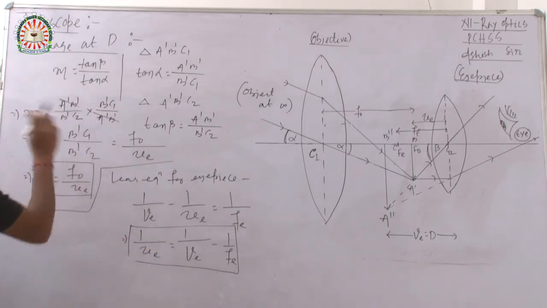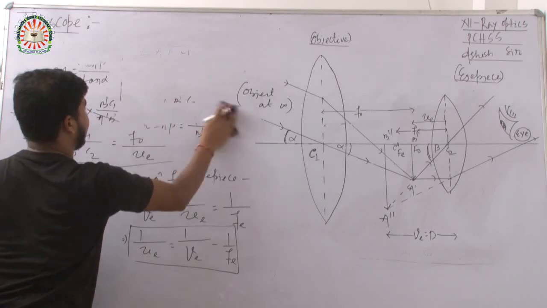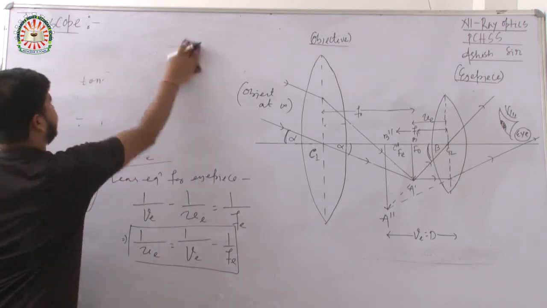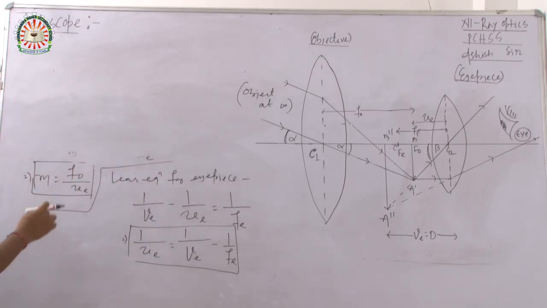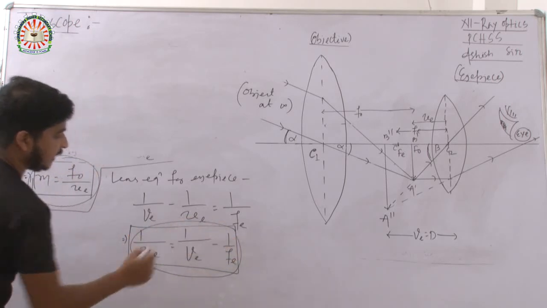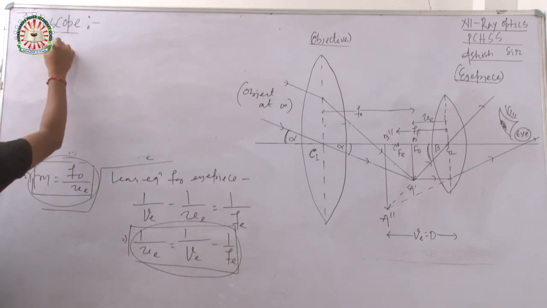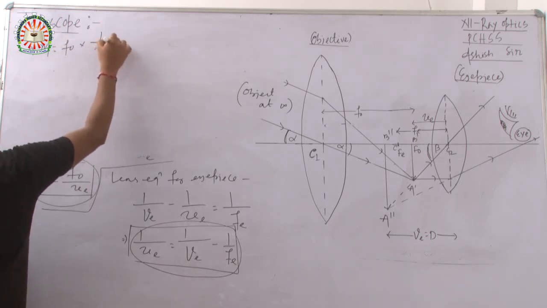So note these things. We found m equals fo upon ue, and we found 1 upon ue equals 1 by ve minus 1 by fe. Now m equals fo into 1 by ue.